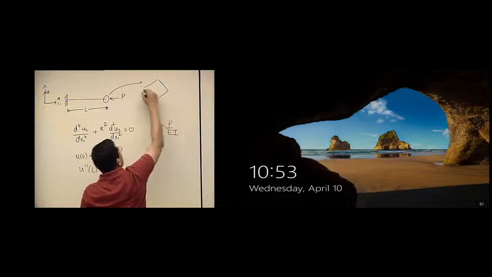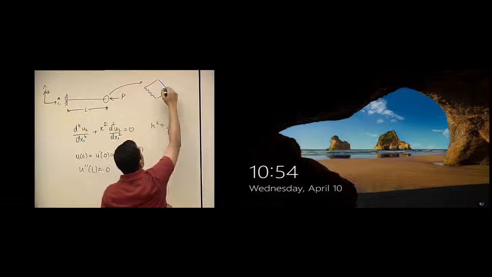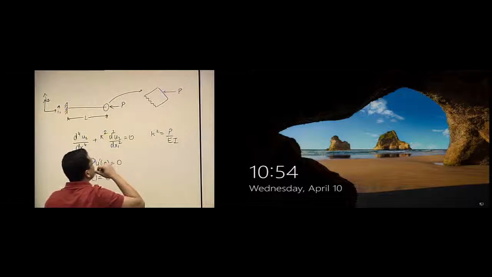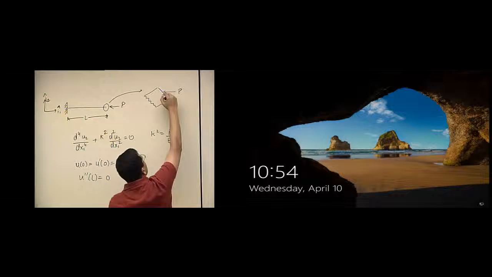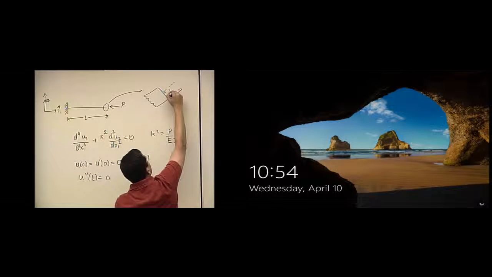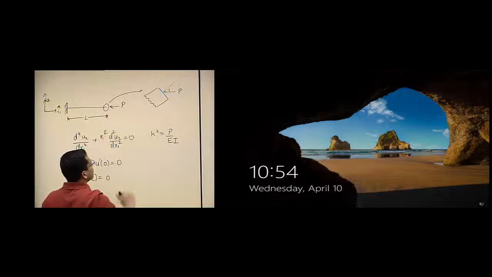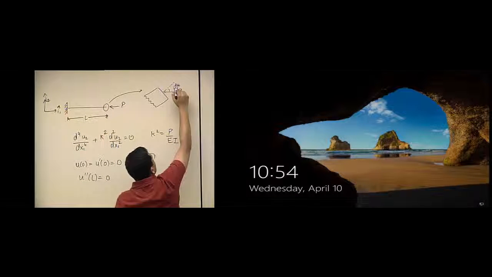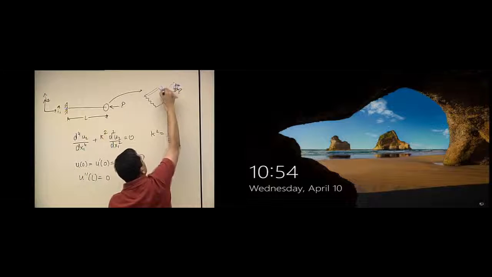We have a beam like this, where we have a P force applied horizontally, and then this makes an angle here. This angle is du2 over dx1, and my shear force is like this.